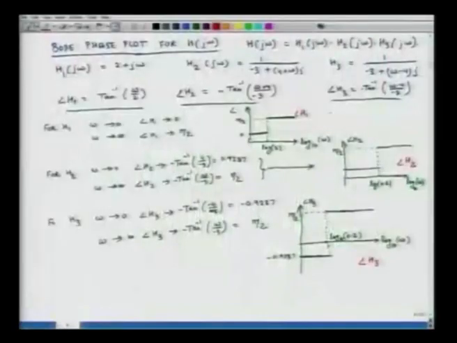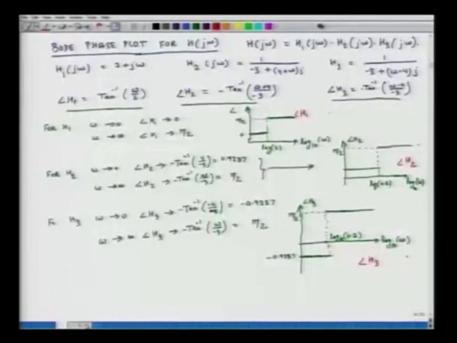So, my next logical step is just to add these 3 up, because we know that if there is a function which is a product of 3 individual functions, then the phase for this complex function is nothing but a sum of phases of each individual subfunction. So, once I do this exercise, my final curve looks like this.